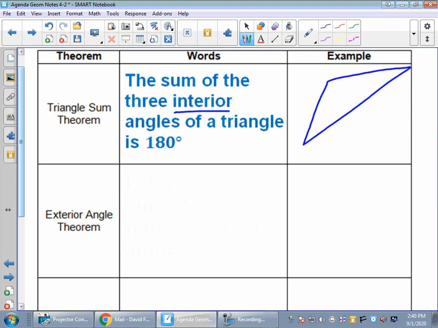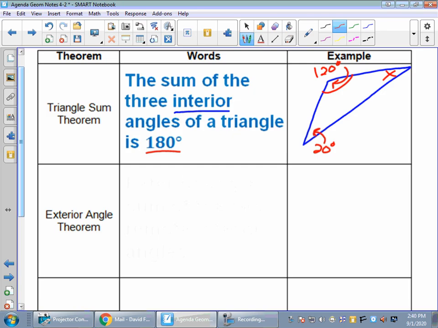Okay, and if we said that this was, say, 20 degrees in here, and this is kind of how you're going to solve some of these problems. Let's say this was 120 degrees in this angle right here. Okay, it's an obtuse angle. Let's say that this is x, and we didn't know what this was. Well, we can easily find that because we know they have to add to 180.